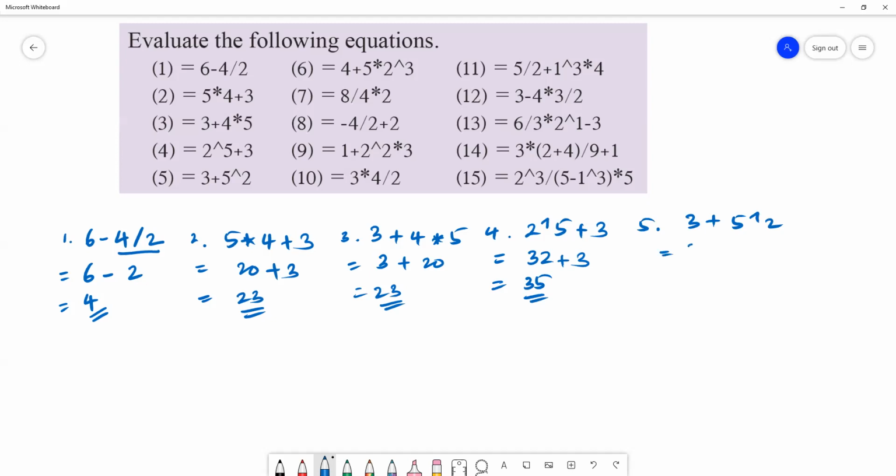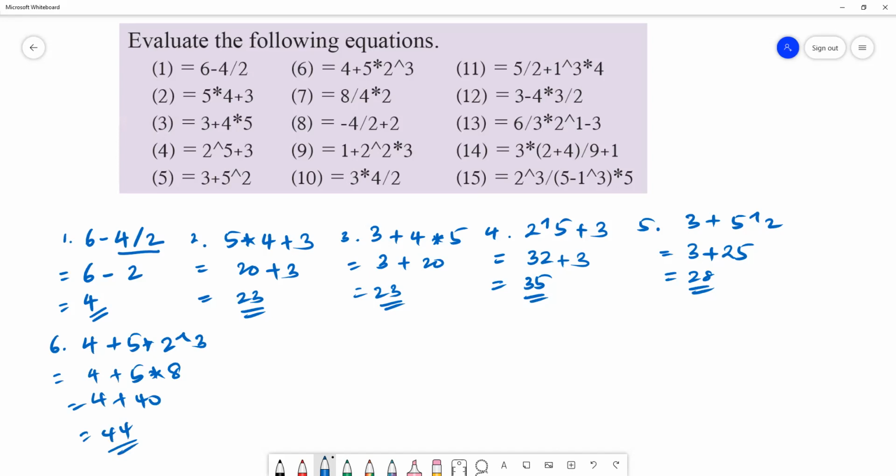So that means 3 plus, this is 25, so we get 28. Then the sixth one, 4 plus 5 into 2 to the power 3. So that means 4 plus 5 into 8, that is 4 plus 40. That means 44.